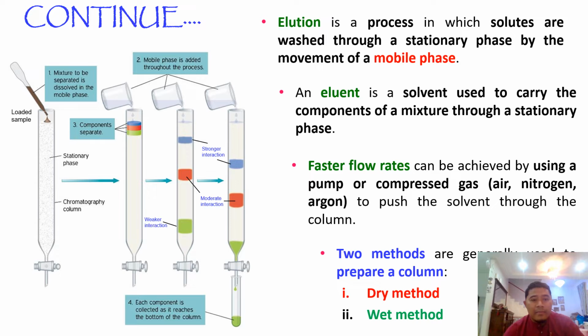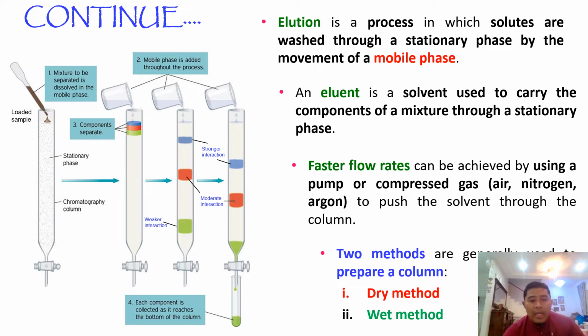In this example from the picture, you can see that the stationary phase is already placed in the narrow tube, then we load our sample, and after that you add the mobile phase throughout the process. Meaning if it runs out, we add more. Then we have the mixture there, which is the components to be separated.